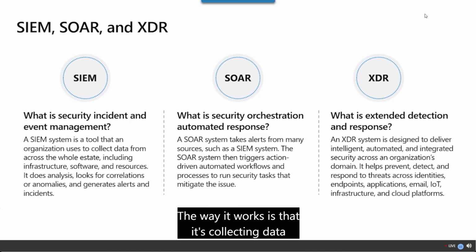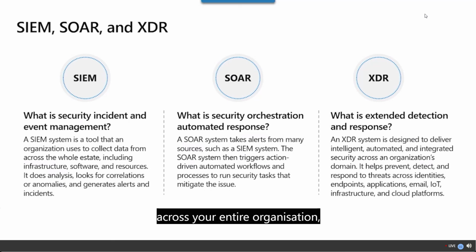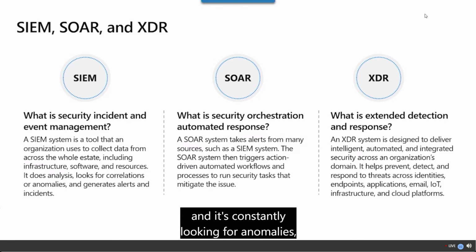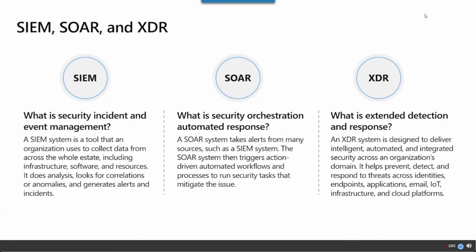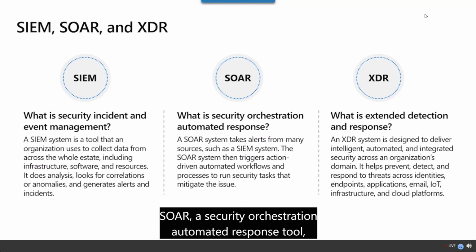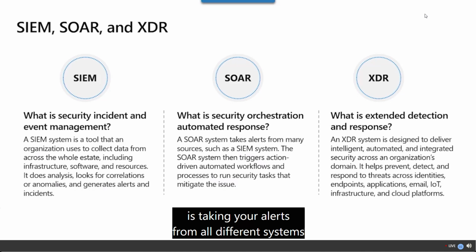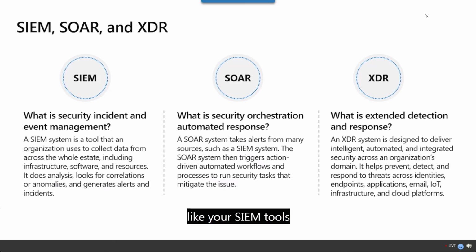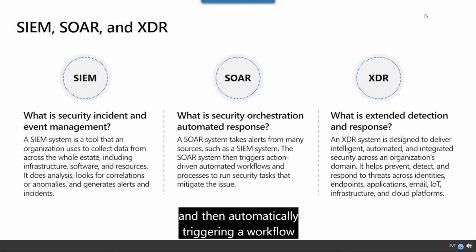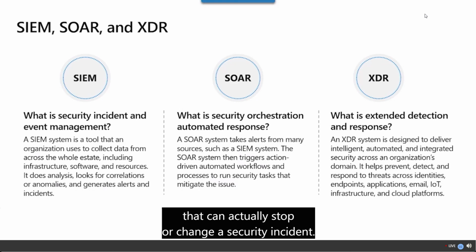The way it works is that it's collecting data across your entire organization, and it's constantly looking for anomalies, and it's going to alert you when one is found. SOAR, a security orchestration automated response tool, is taking your alerts from all different systems, like your SIEM tools, and then automatically triggering a workflow to run different tasks and actions that can actually stop or change a security incident.